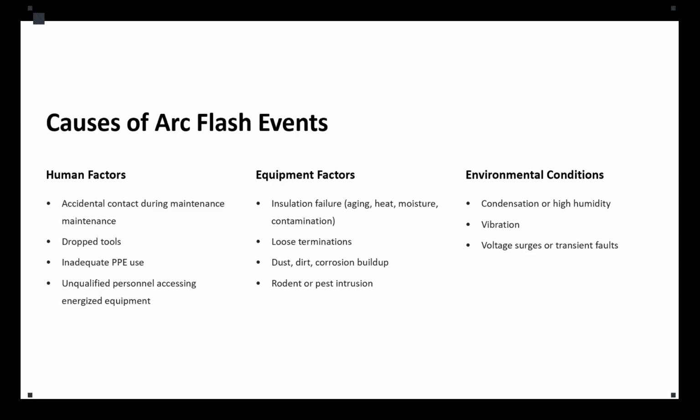This is a classic case where the technician's tool or body part bridges two energized conductors, or a conductor to the ground. A simple slip of a screwdriver in a panel can initiate an arc flash.